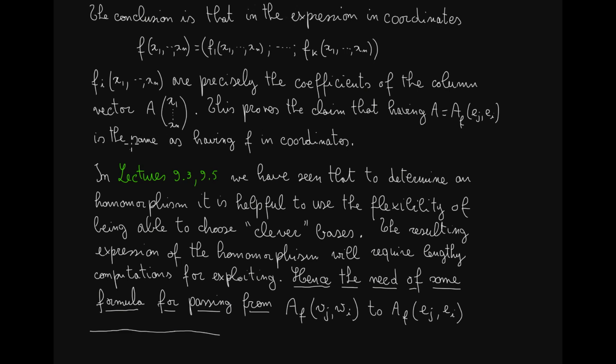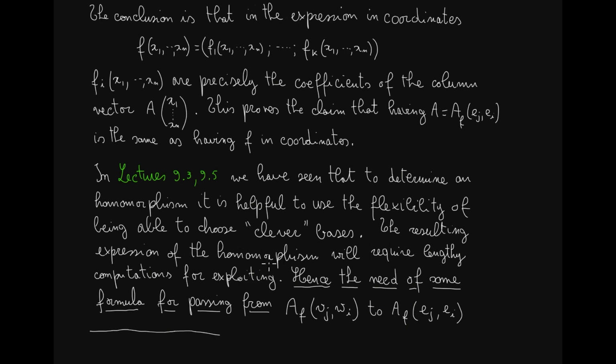As mentioned before in lectures 9.3 and 9.5, we have seen that to determine a homomorphism, it is helpful to use the flexibility of being able to choose clever bases. So I would add both to determine a homomorphism and even to express it in terms of its associated matrix. The resulting expression of the homomorphism will require lengthy computation for exploiting.